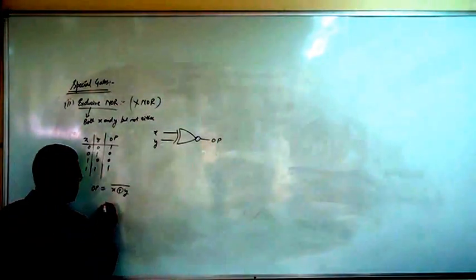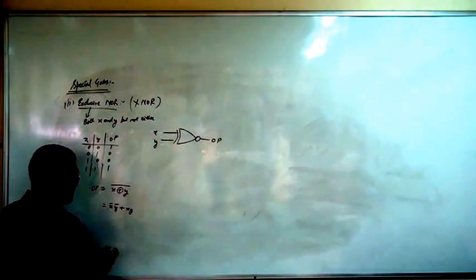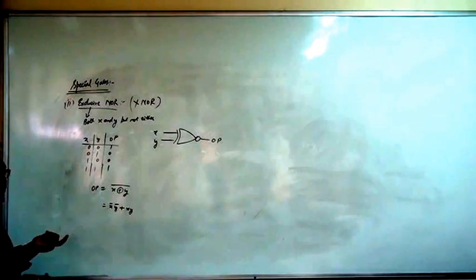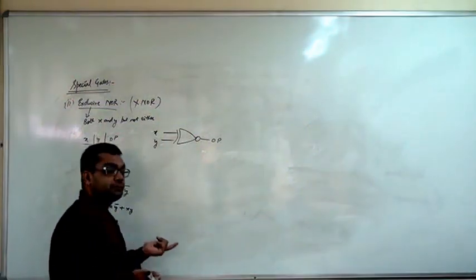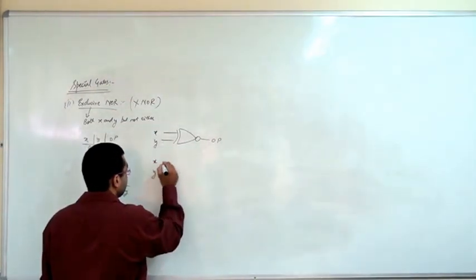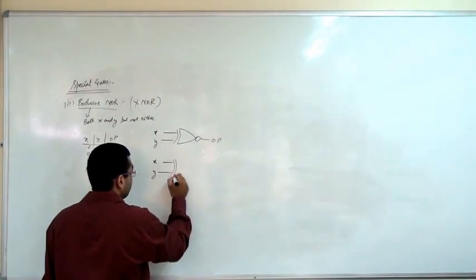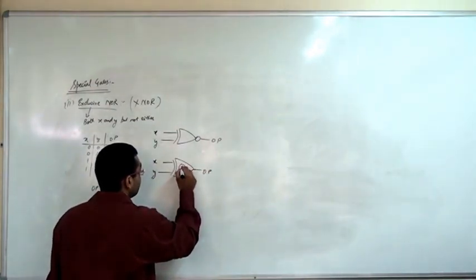Or from the equation, you write X bar Y bar plus XY. How it is the complement of X bar Y plus XY bar, we'll see once we do the Boolean algebra. Another way of writing is, instead of plus, put in a dot.